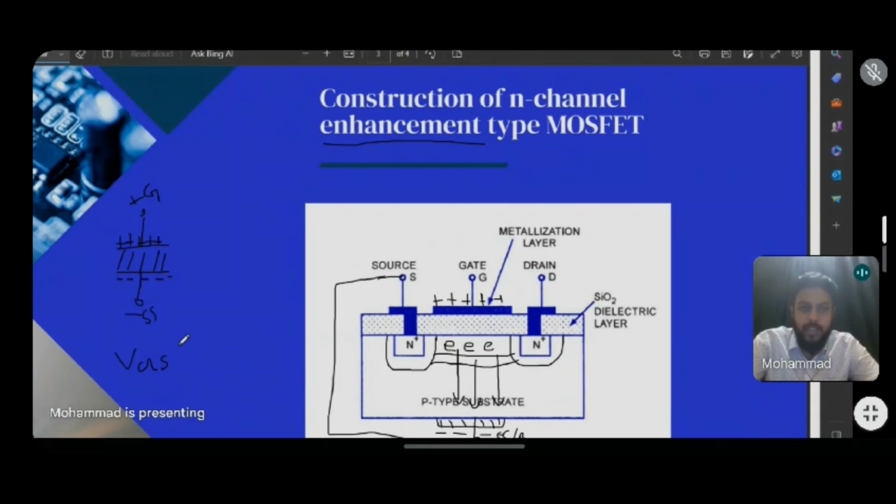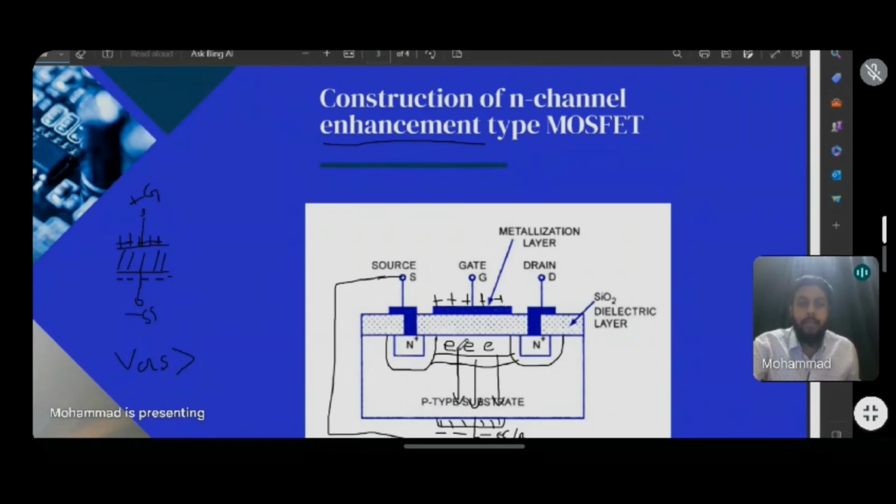VGS has to be greater than a minimum voltage. Obviously, it has to be greater than zero to form any sort of channel. But a channel of just any thickness might not be sufficient to easily allow charge to pass through.